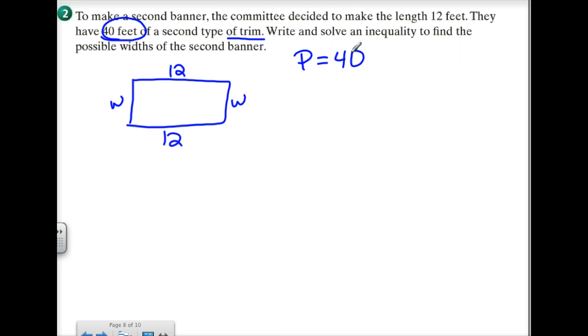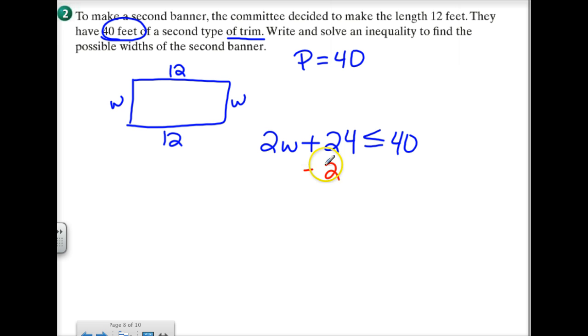We can't use any more than 40 feet of trim, so when we set this up, we're going to have 2w, because we're going to add each of the w's up, so w plus w is 2w. Adding the 12 plus the 12 gives us 24. We need that to be smaller or equal to 40 feet of trim. 40 is the highest amount that we could have around our second banner. Then we set this up to solve it.